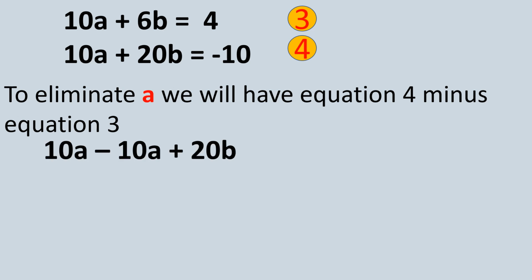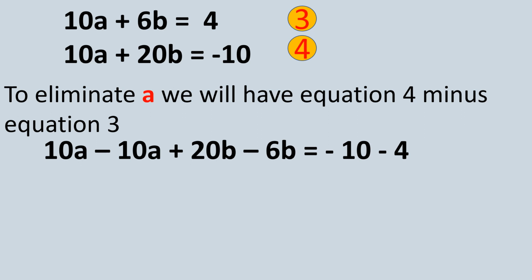So what we do is that in equation 4, we look for the similar components, the like terms, in equation 3, and then we carry out the subtraction. We have an A term in equation 4, and we have an A term in equation 3. So the A term in equation 4 is 10A, and the A term in equation 3 is 10A.